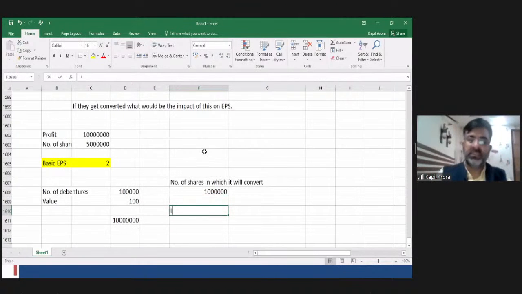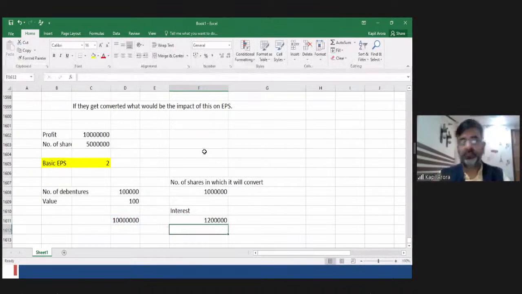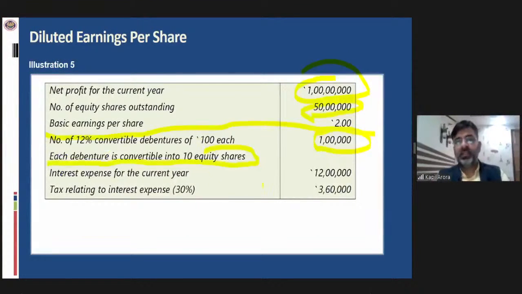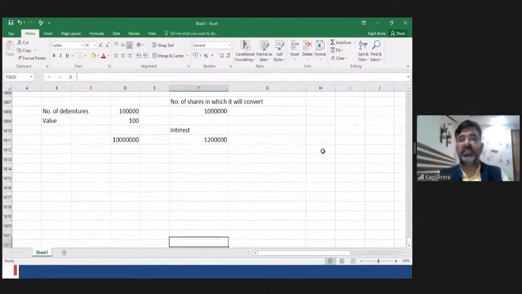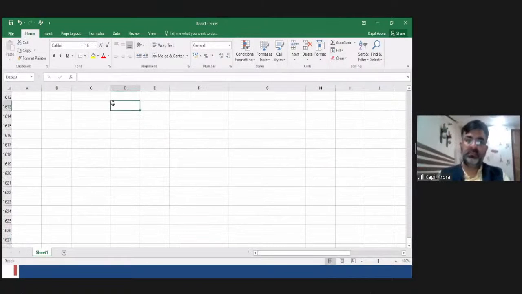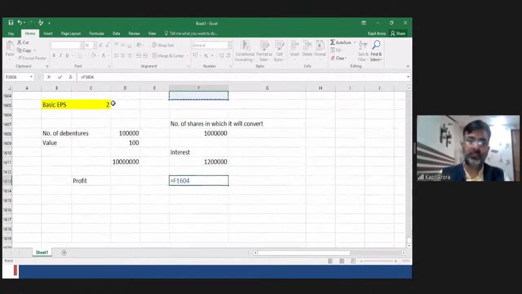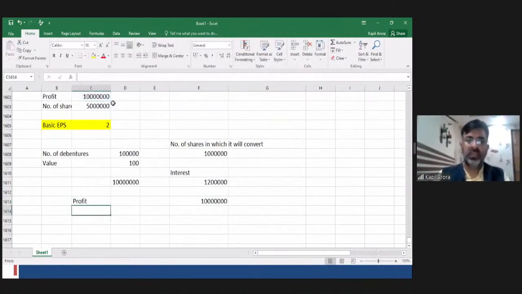Now, what is the interest we are paying on these debentures? Debenture interest would be the value of 1 crore into 12%, whereas the tax rate is 30%. So now, what was the earning? We have the profit of 1 crore and a weighted average number of shares of 50 lakh.